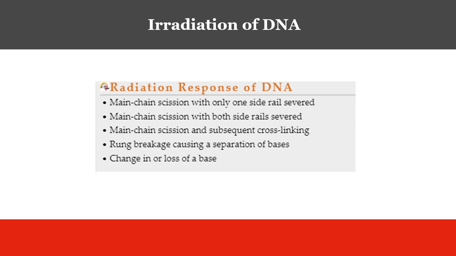Cross-linking is when one molecule joins with another one. Well, why would that happen? Why would we have cross-linking occur? Well, think about what DNA is comprised of. DNA has deoxyribose sugar. What else is in your body? Water. What happens when you put sugar and water together? You drink a Coke or you drink a Pepsi, it's got what?